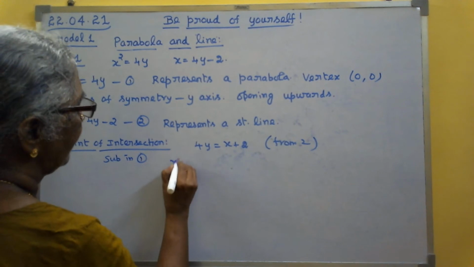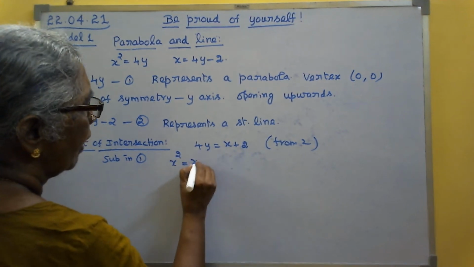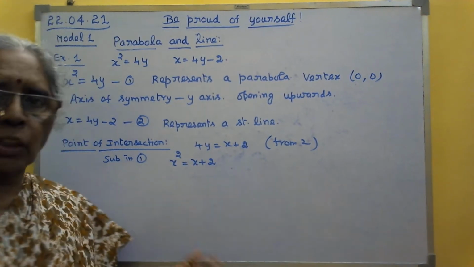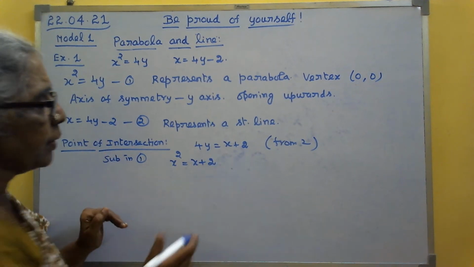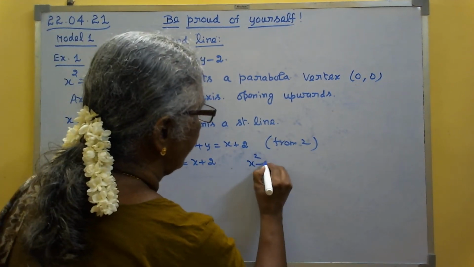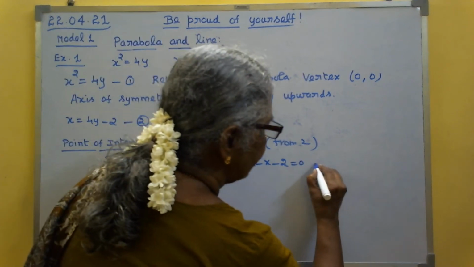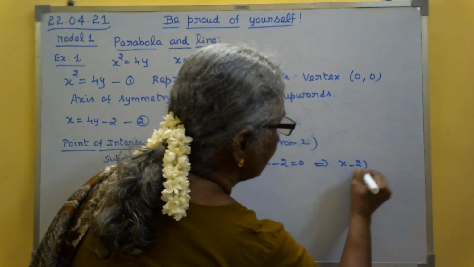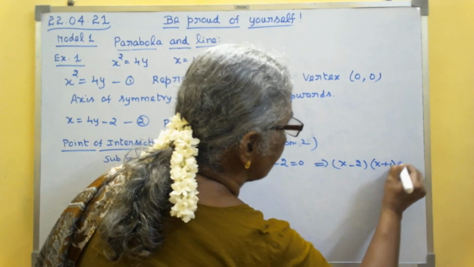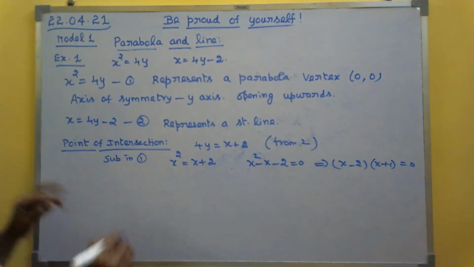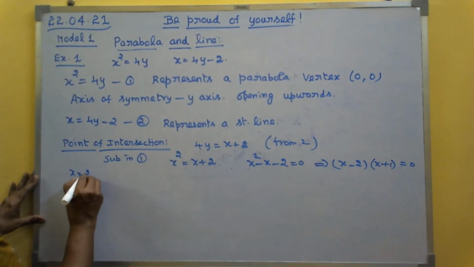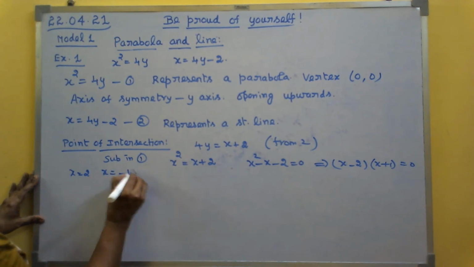So I will have x squared is equal to, for 4y I can write x plus 2. Bringing everything to the same side, I get x squared minus x minus 2 is equal to 0. You can factorize it to get (x minus 2)(x plus 1) is equal to 0, which gives you x is equal to 2 and x is equal to minus 1.